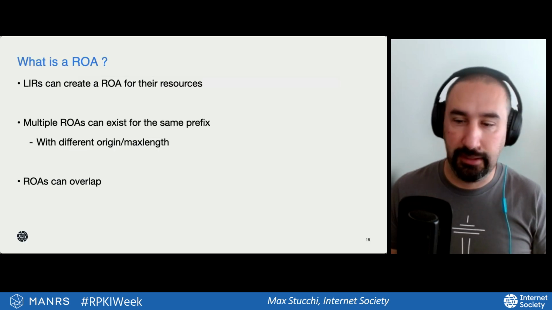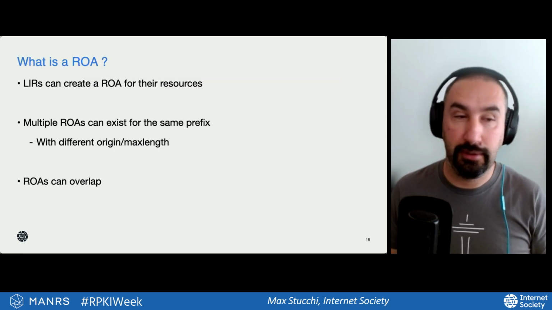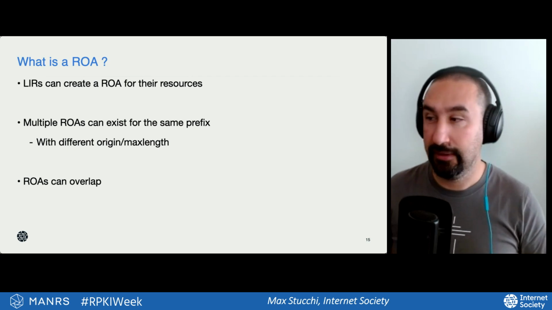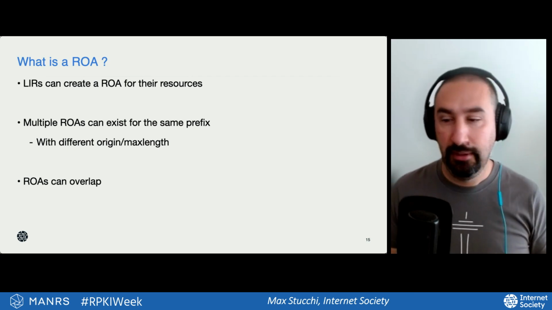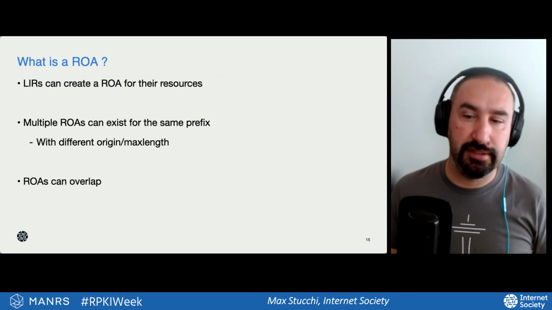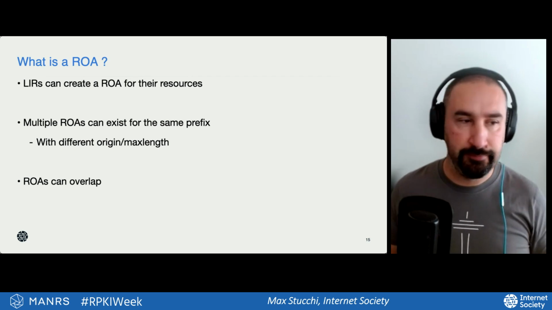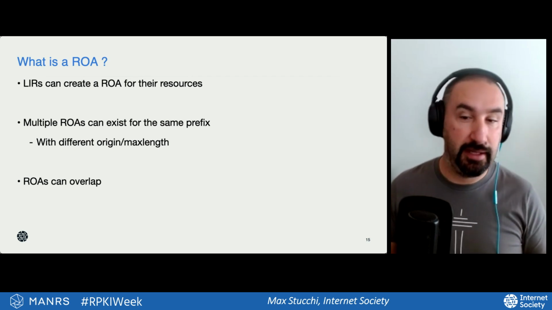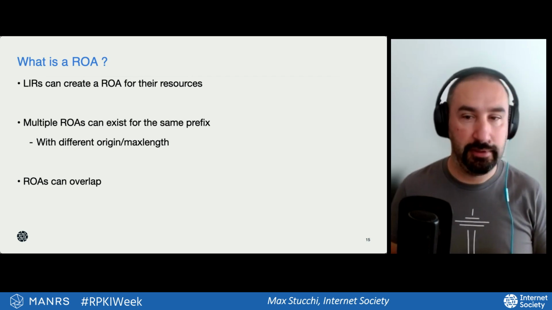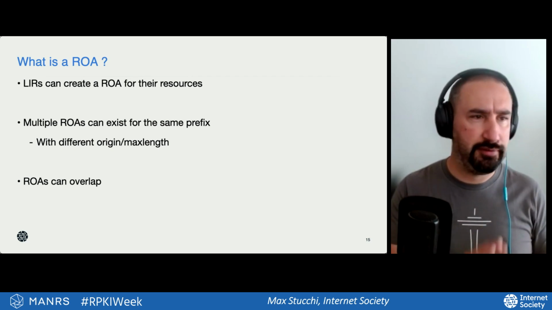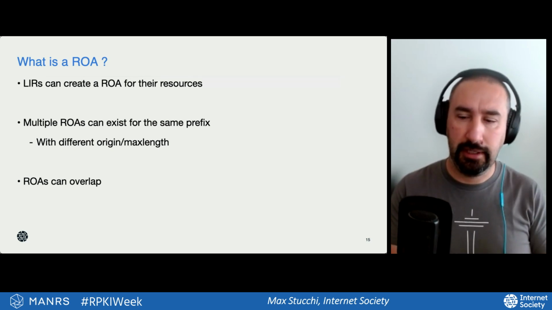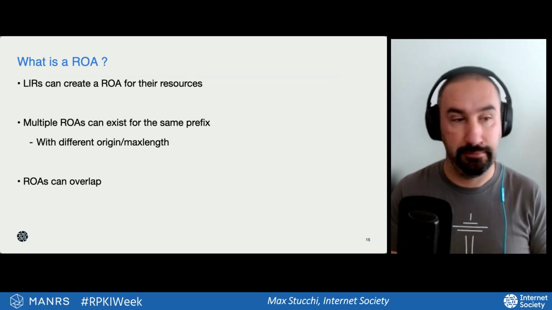And LIR members can create ROAs as they like for their resources. They can overlap. There can be multiple ROAs for the same prefix, different origin. They can have different max length. We'll see what max length is in a moment. You can make overlapping ROAs. You have total freedom on how you can create them.